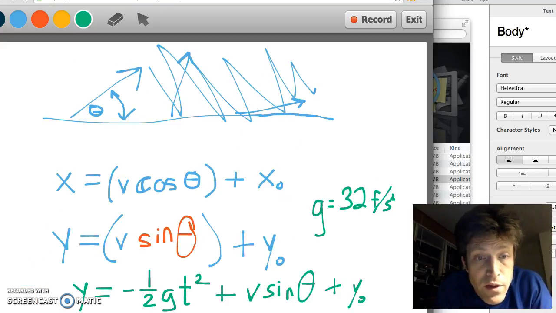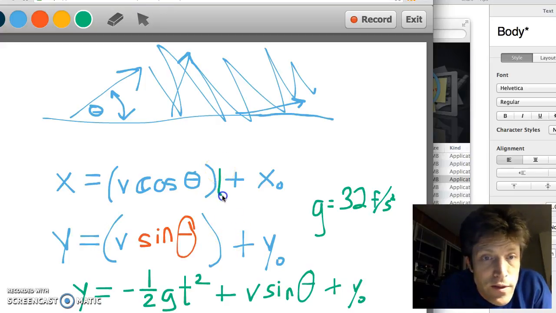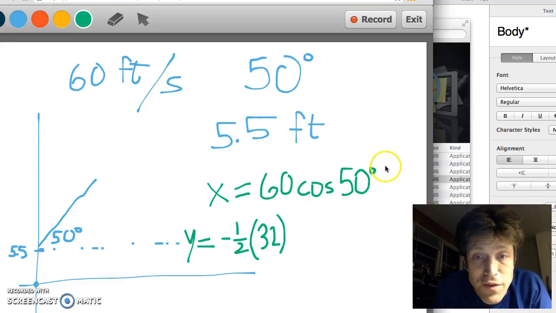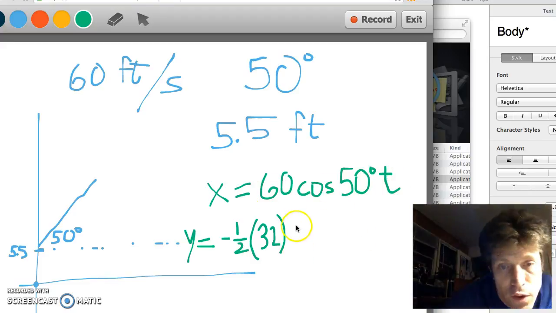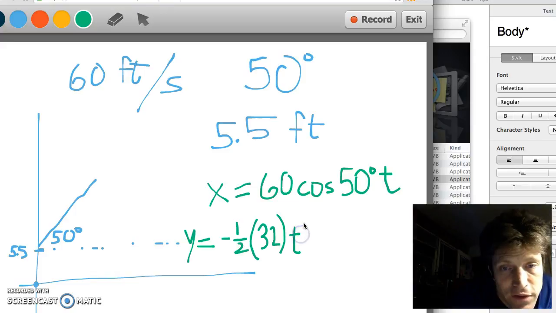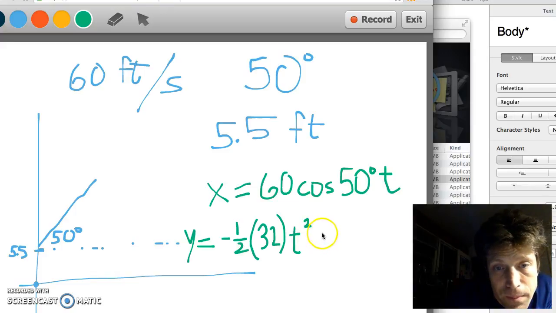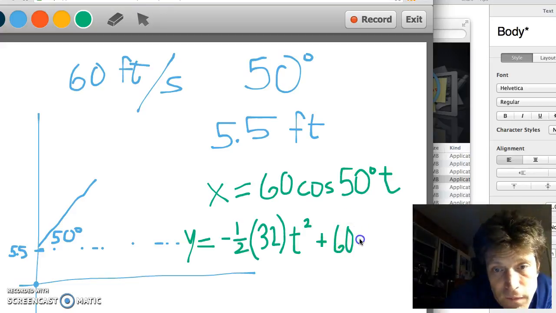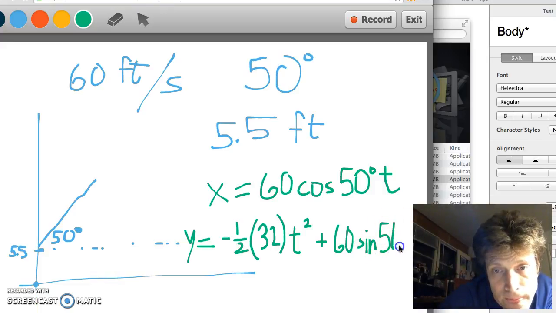There's t squared. Where was t in this? Oh yeah, I forgot. That's a part of these equations. Dang it. Bad teacher. All right. Cosine 50 t, it's a linear term there. So down at the bottom we got negative 16 t squared plus 60 sine 50t. That's a degree symbol.